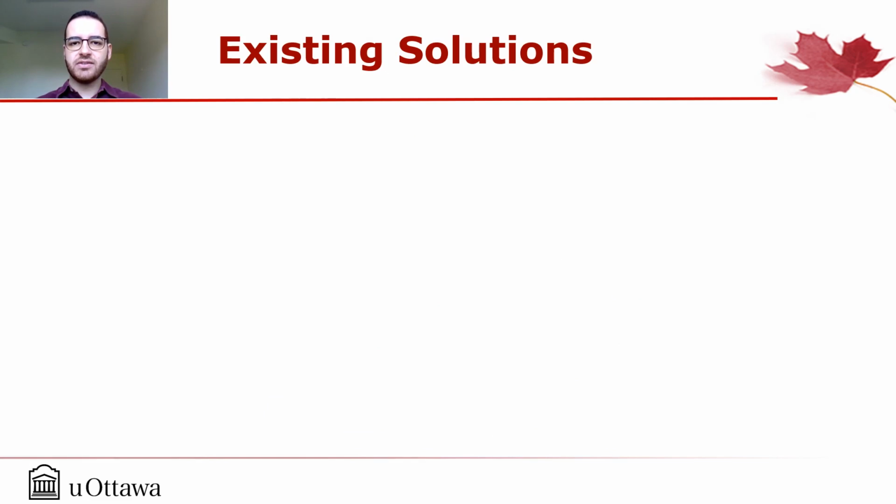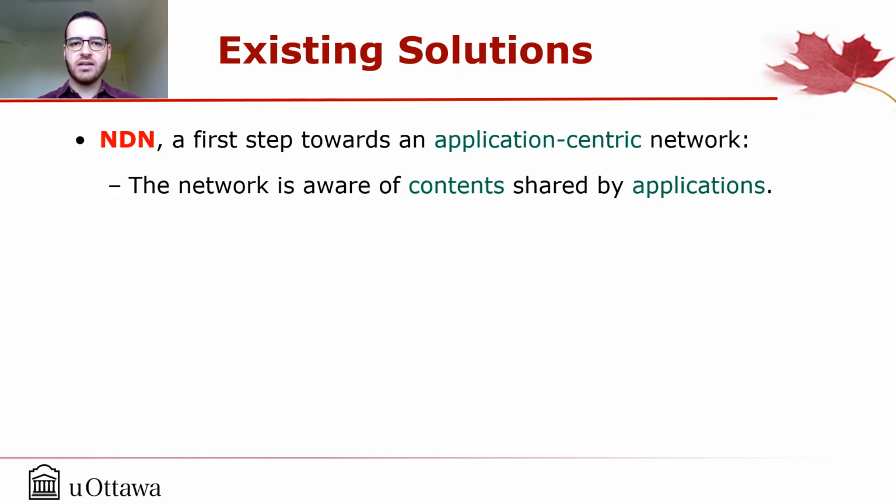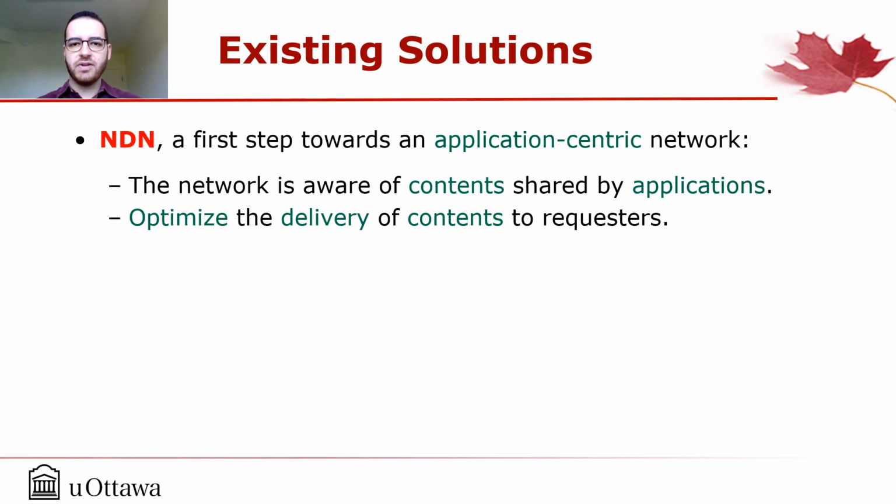Here are some existing solutions that can help us achieve an application-centric network. The first important solution is NDN. In NDN, the network is aware of the content shared by the applications, and so it can optimize the delivery of the contents to the requesters using, for example, caching. The second solution is network programmability.